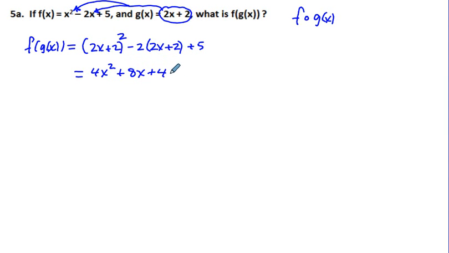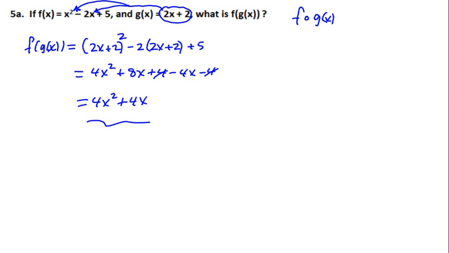And then we're going to have minus 4x, and also minus 4. And so the 4 minus 4 will cancel each other. So we're going to get 4x squared, and we're going to have left 8x minus 4x, so that's going to be plus 4x. So this is going to be our composition here.